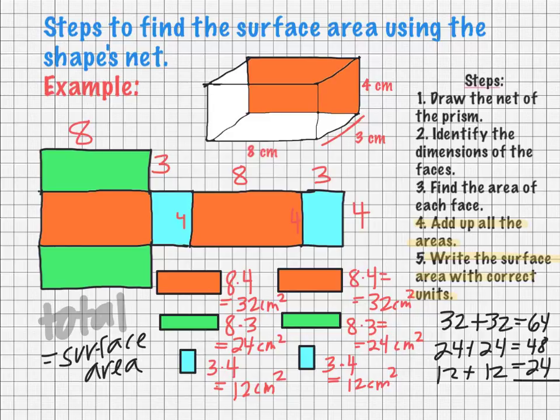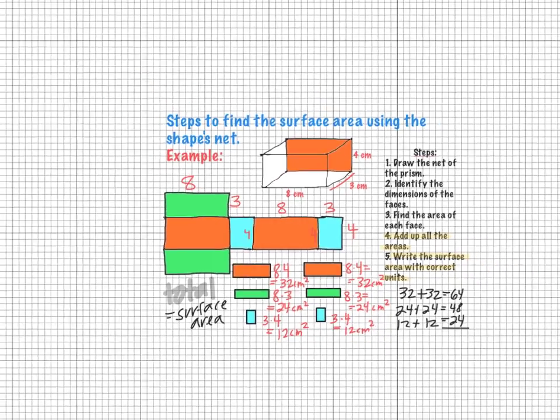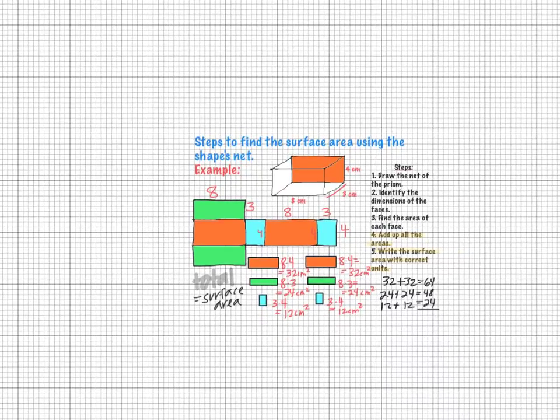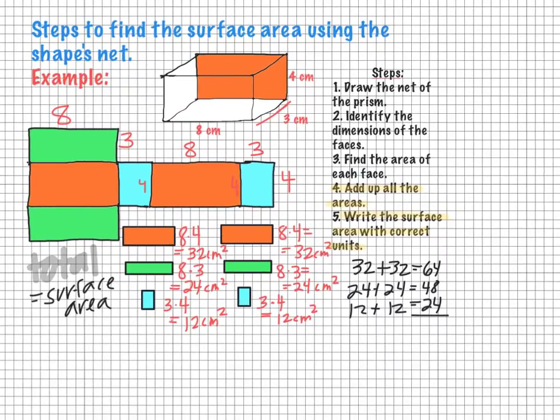Then to add all of that, we're going to get 8 plus 4 is 12, plus 4 more makes 16, carry the 1, 10, 11, 12, 13. And then in step 5, the correct units are still centimeters squared. So now we have the surface area of our shape, 136 centimeters squared. Now it's time for you to try.